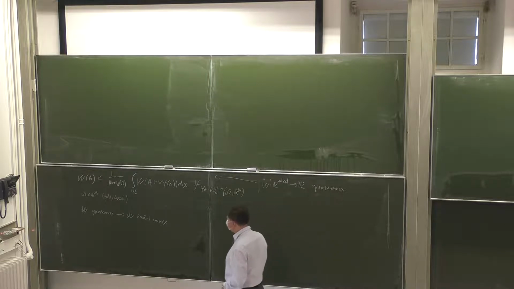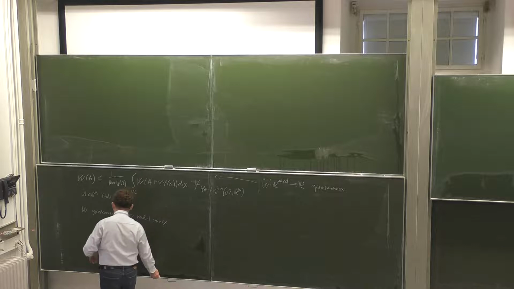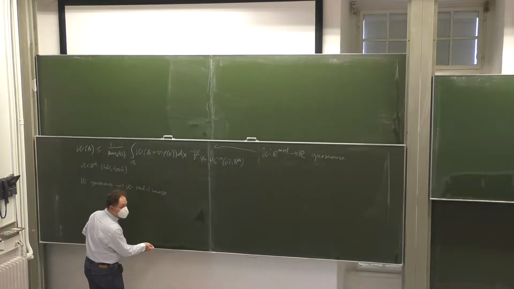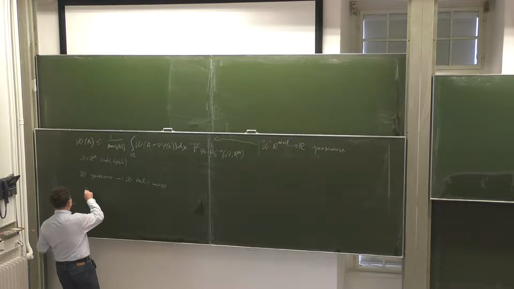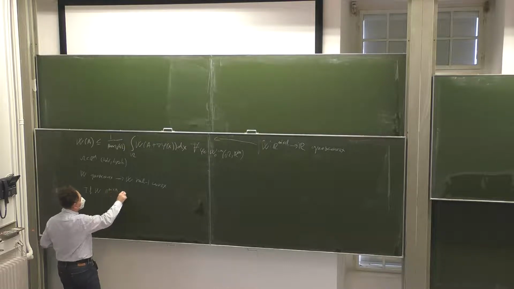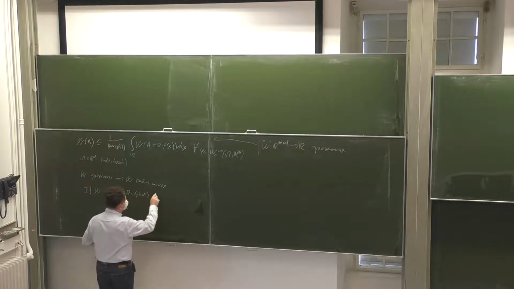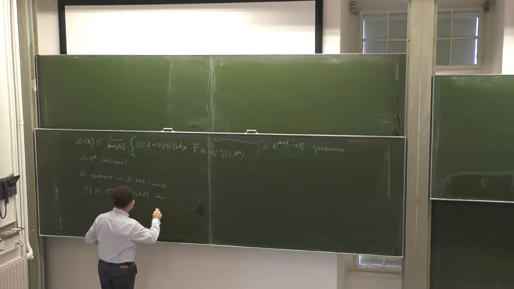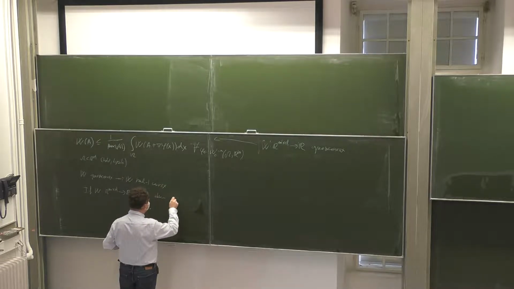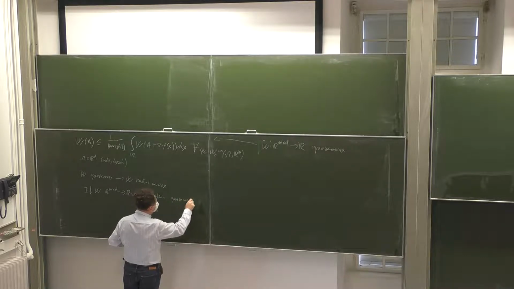How about if W can take the value plus infinity? Then the picture is different. If W is from M times D to R union plus infinity, then quasi convexity doesn't imply rank 1 convexity.